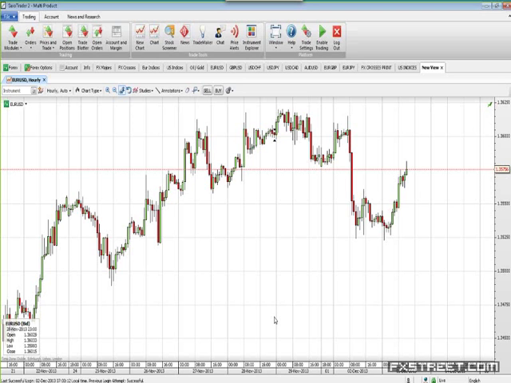So is it better to trade a system or to trade a view? I think it's better to trade both, to have a short-term trigger system which you can then overlay on your view.